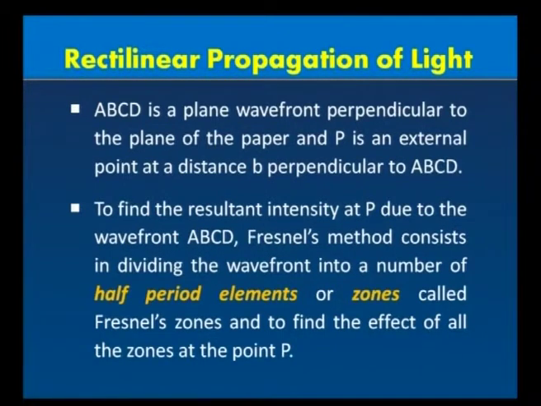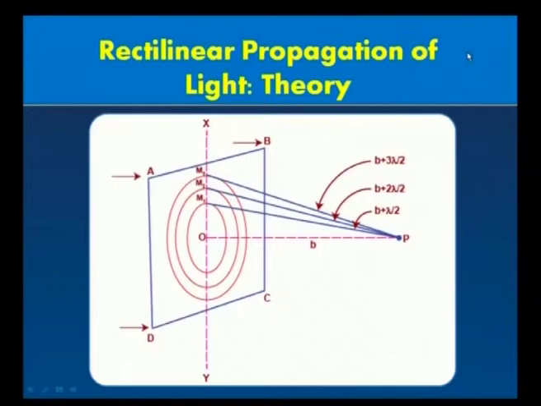At that point, we want to find the intensity. I will show where P is in the picture to come. To find the resultant intensity at the point P due to the wavefront ABCD, what Fresnel did was to construct what are called half period elements or half period zones. They are called the Fresnel zones, as I will show you in the picture to come.